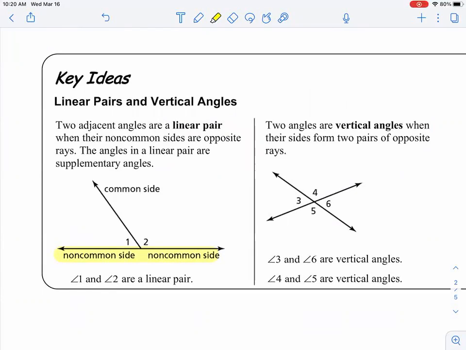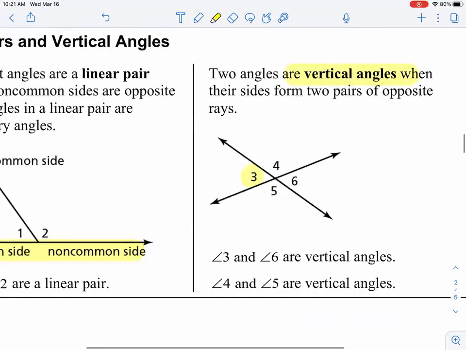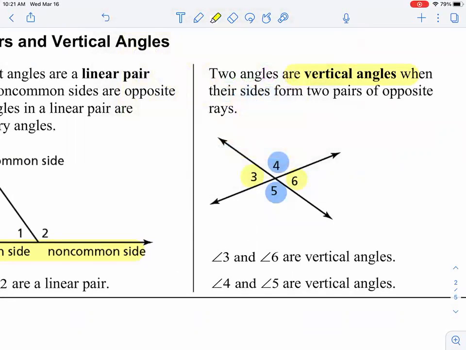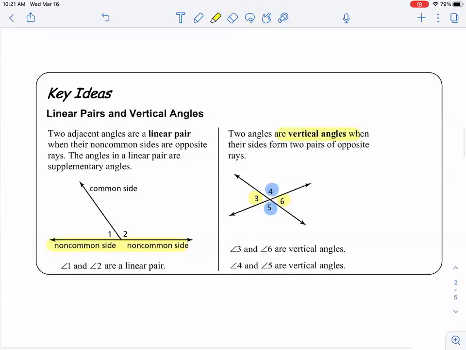They make up a straight line. They would add up to 180, much like what we were doing in the Kahoot. Vertical angles are angles that are across from each other. There are two pairs of vertical angles, like angles 3 and 6, that is a pair of vertical angles. Angles 4 and 5 are also a pair of vertical angles. Angles that are across from each other are vertical angles.